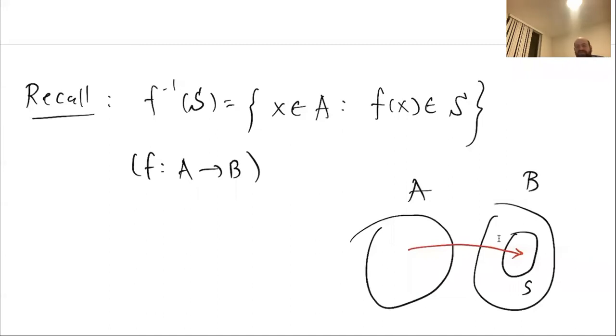If an element in A is mapped into S, then that element is in f inverse of S. So f inverse of S is a set. S is a subset of B, and f inverse of S is a subset of A. Which subset of A?